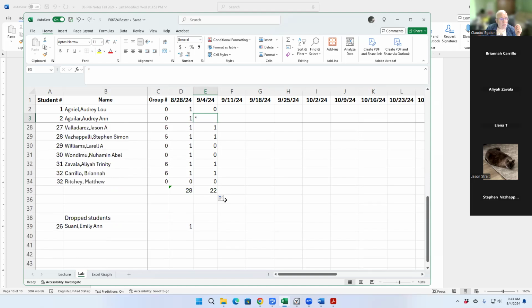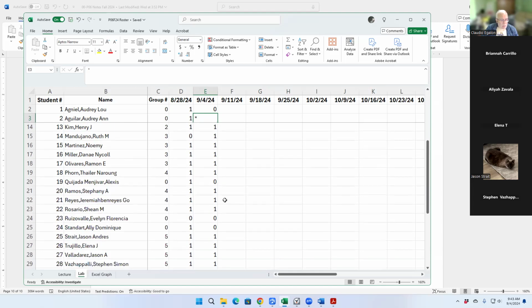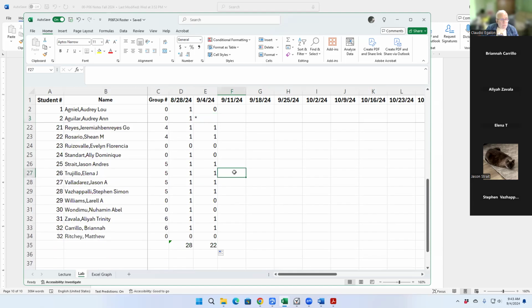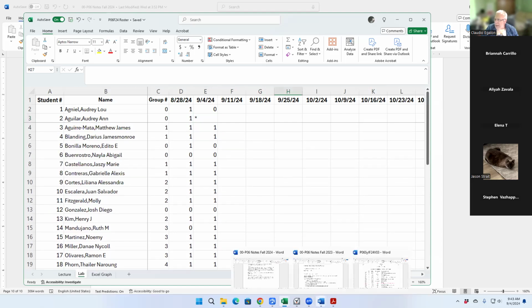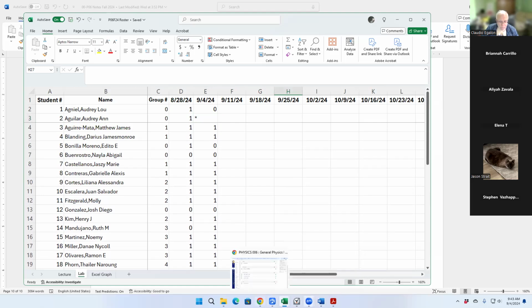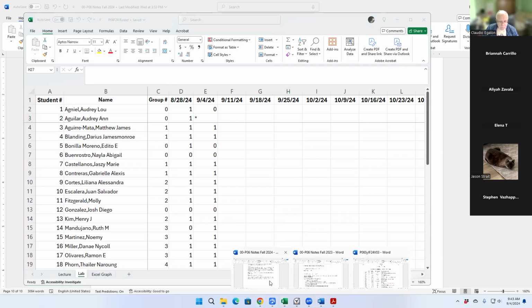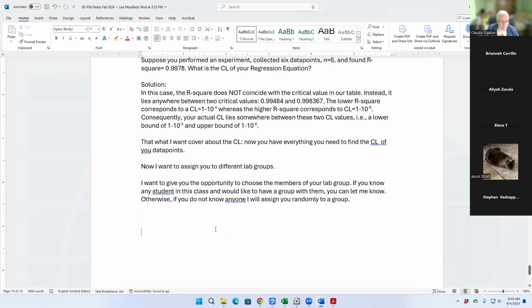Okay, so what I'm going to do now is create a Google folder, a group folder in my Google Drive. We have assigned lab groups to most students.